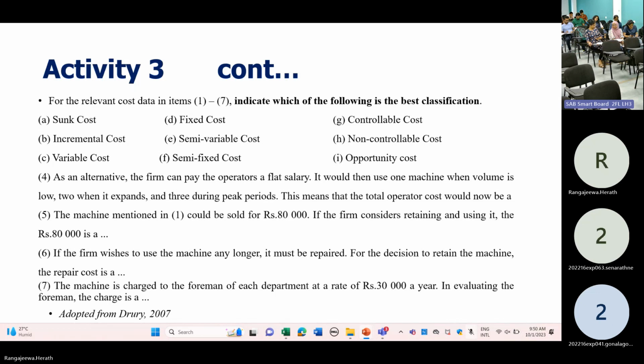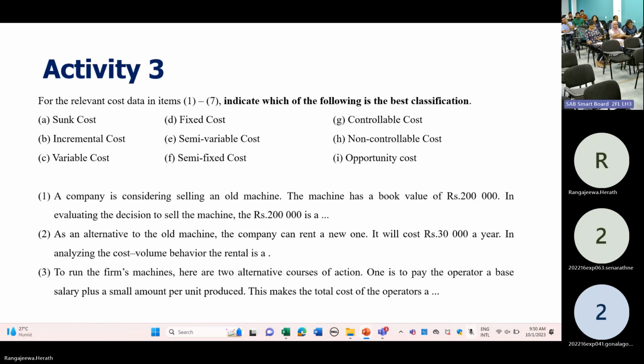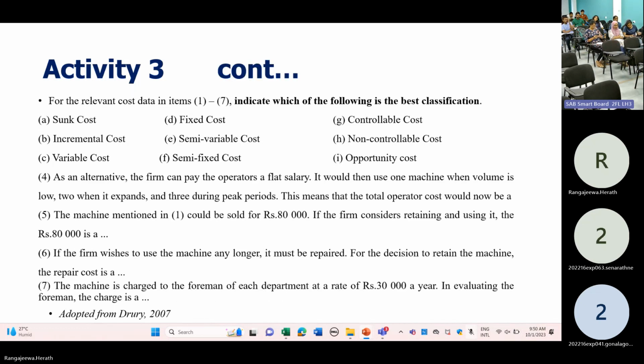The machine mentioned in one would be sold for 80,000. The old machine with the current book value of 200,000 could have been sold for 80,000. If the firm is considering retaining and using it, 80,000 is an opportunity cost. If the firm wishes to use the machine any longer, it must be repaired.